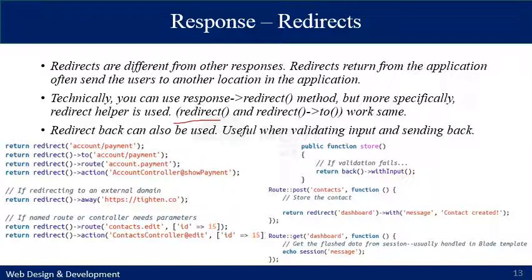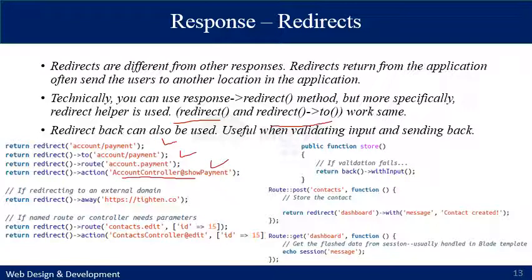So redirect is directly used, or the redirect.to method works the same. Redirect back can also be useful for validating the input and sending back. So these are the simple redirect methods, and the information provided is the route name or the route parameter of the controller and the method.